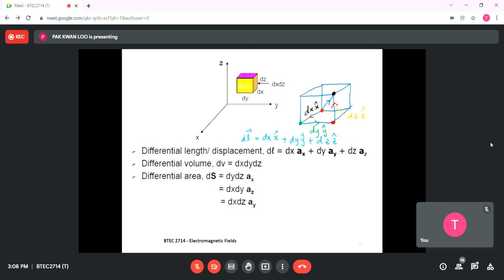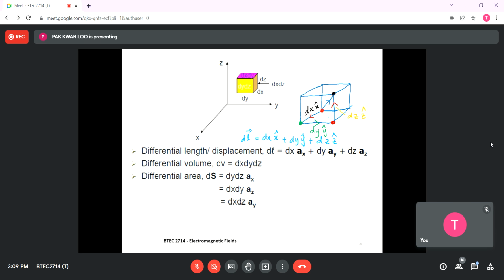However, for differential area, this is important. If we look at this cube here, we have 6 faces, right? Top and bottom, two areas, front and back, two areas, and the two sides, altogether 6 areas that make up this cube.